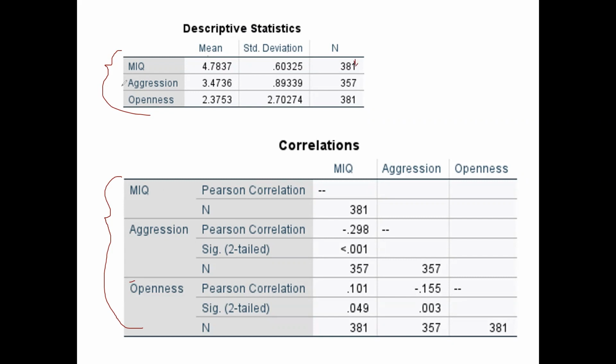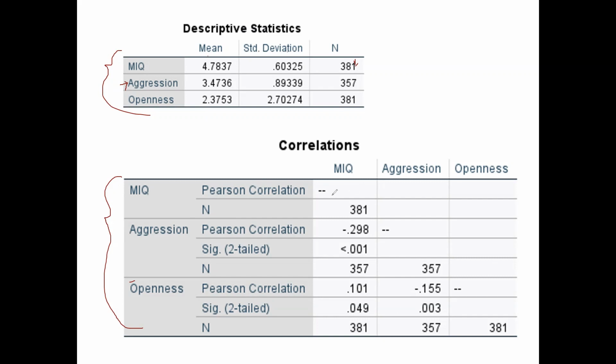So you can see that fewer people answered the aggression questionnaire. Again, this is because when it's a sensitive topic, such as how aggressive you are, or maybe domestic violence, there are going to be people who just skip the questions or refuse to answer, right? So that's part of what contributes to the restriction of range. Some people just de-emphasize their aggressive qualities, and others just refuse to answer, okay?